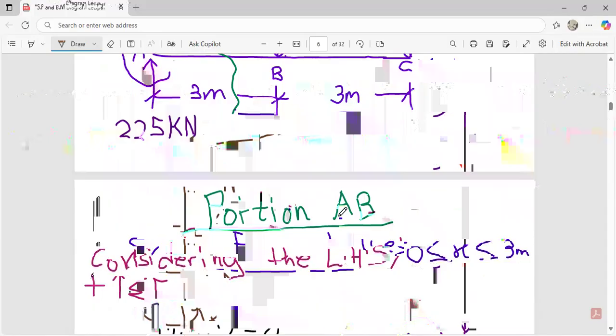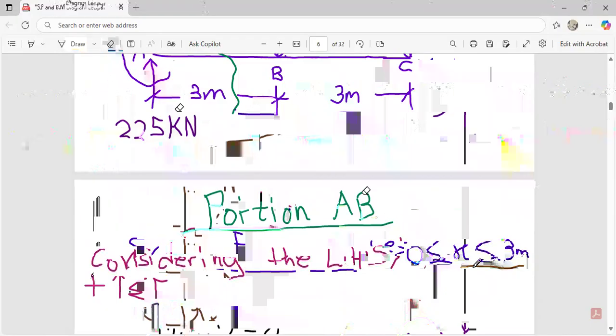First, I took the A and these two people. In this case, I'm going to be taking the B, this B and these two people too, at x is equal to 3 meters. Shear force at B is equal to what?